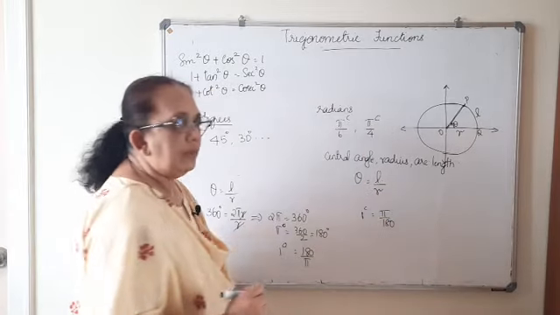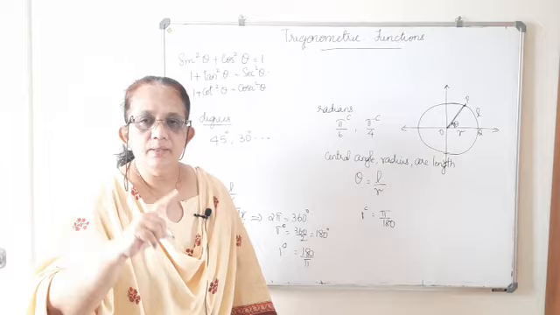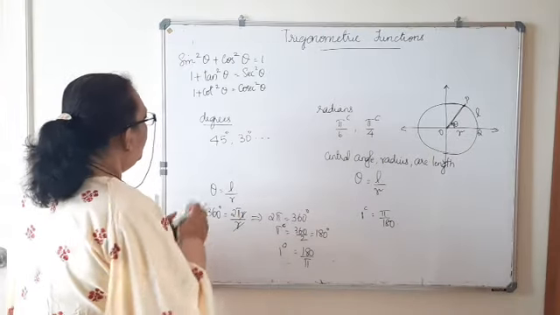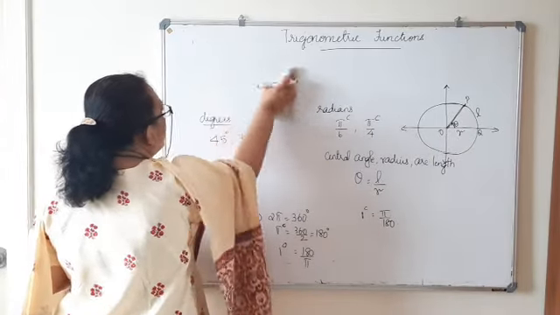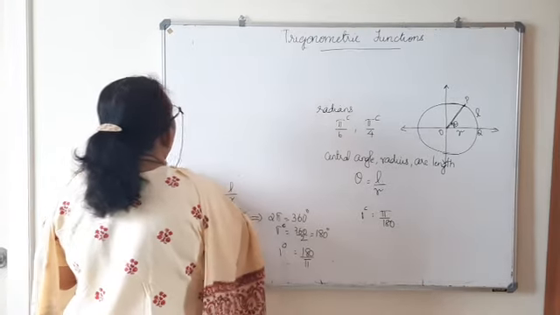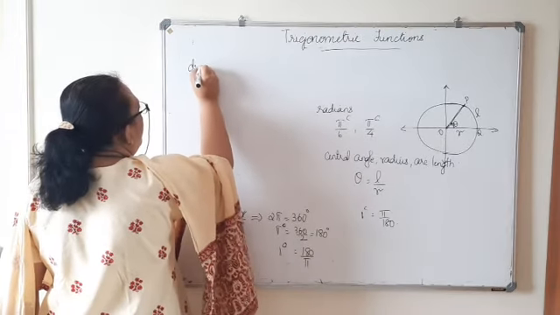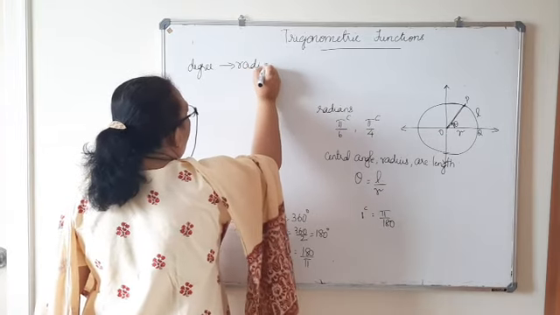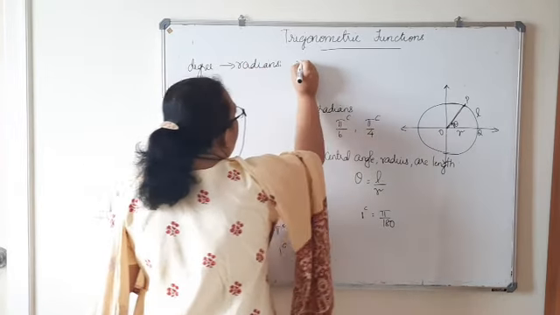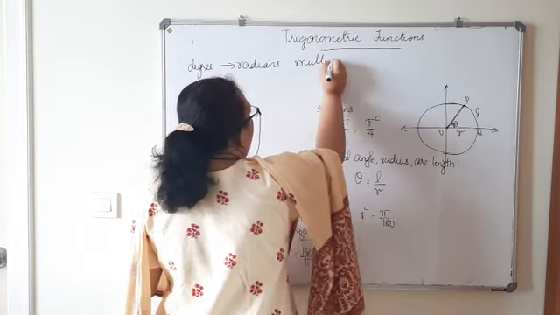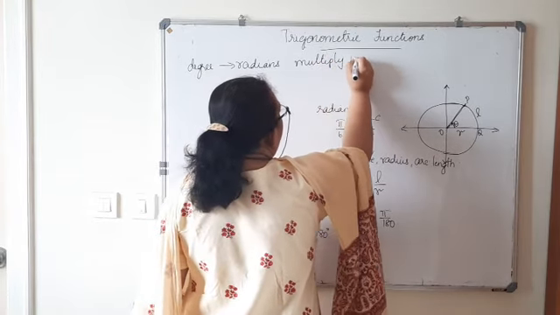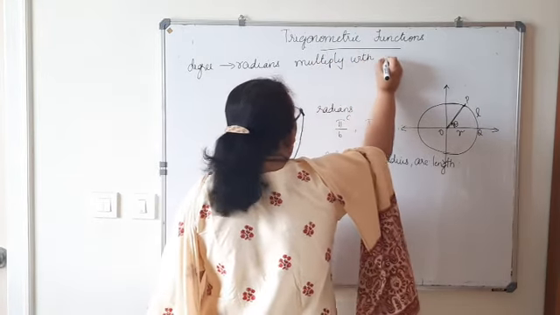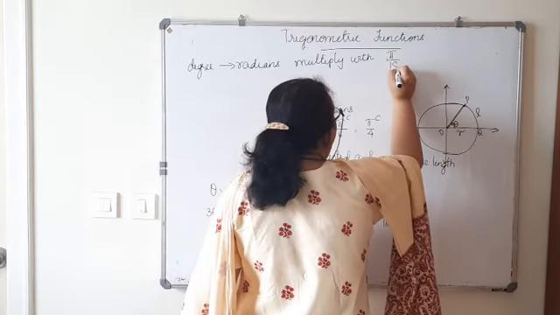So if you want to convert degrees into radians, multiply with pi by 180.